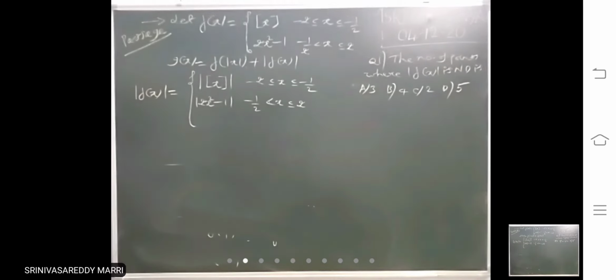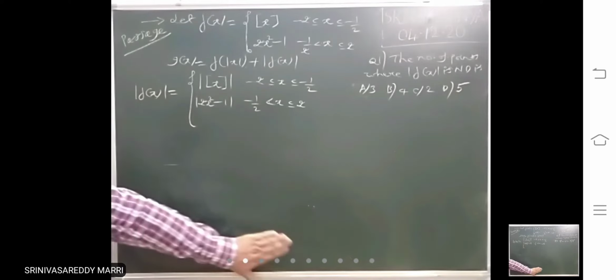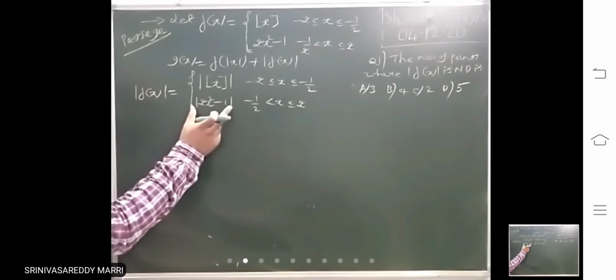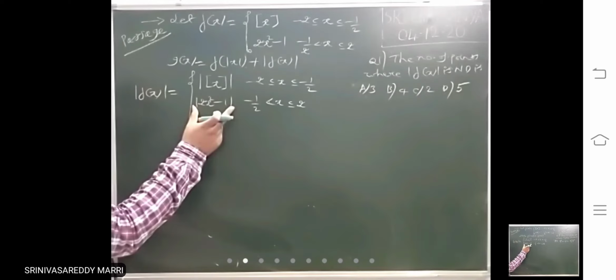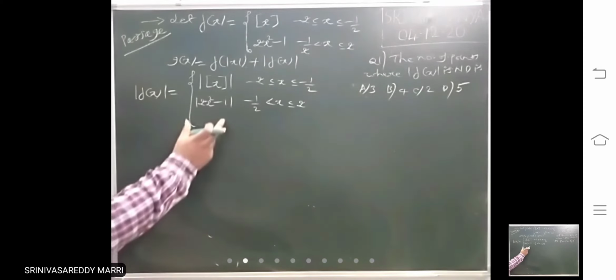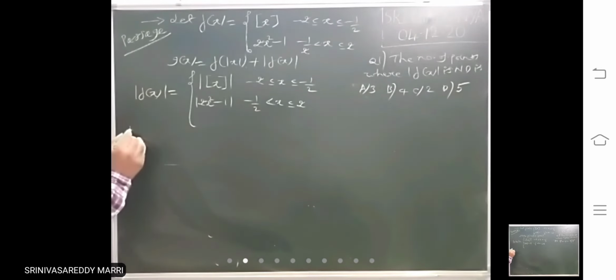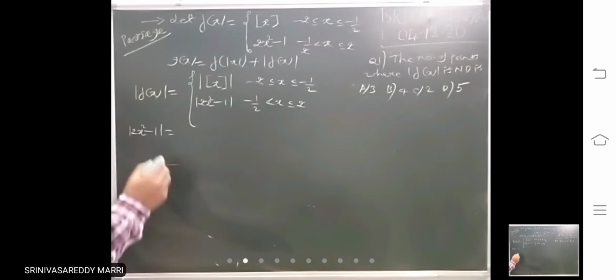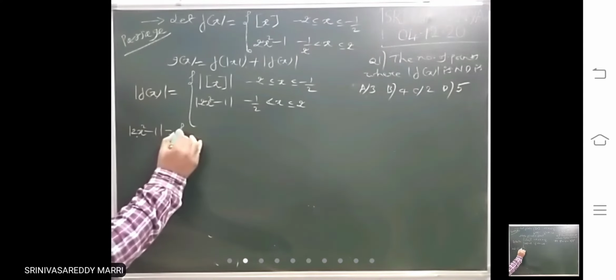Now the modulus is there, so open those. If you want to open this modulus, it has one definition. I am writing this definition here, and according to that we will split. Modulus 2x square minus 1 is nothing but modulus f of x.